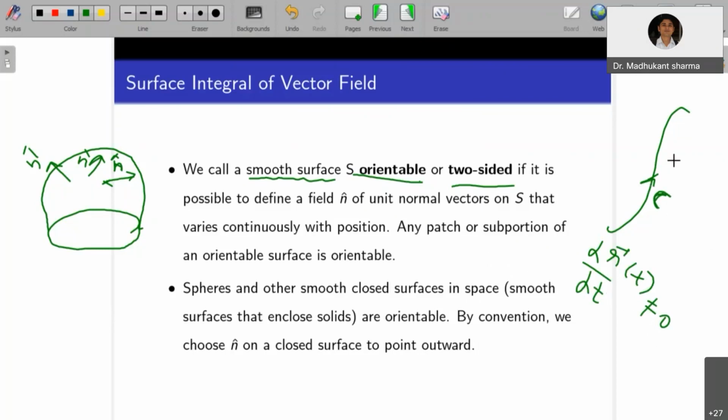Then we say the curve C is smooth. In the case of a surface, instead of a tangent you will talk about the normal. We will come to that when C is parameterized by this vector r of t.